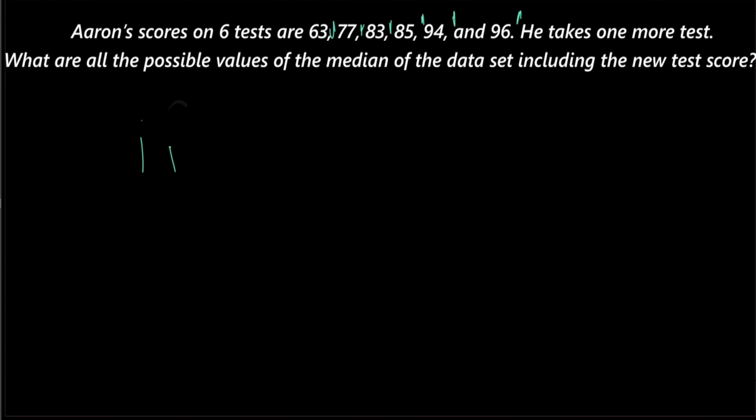And now, if t, which is our variable, is less than 83, so we can test this out, less than 63, less than 77, less than 83, then the median will always be 83. And that's because there would be 3 numbers on both sides. It's an odd number set, so the middle number is always 83. So that's one value. Now let's move on to the next.